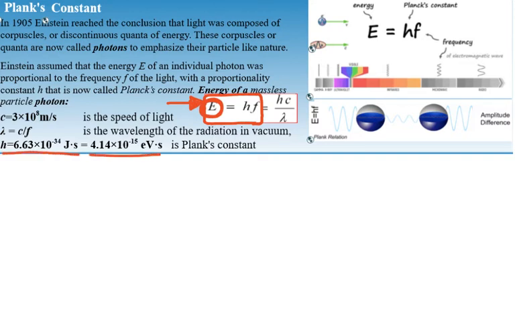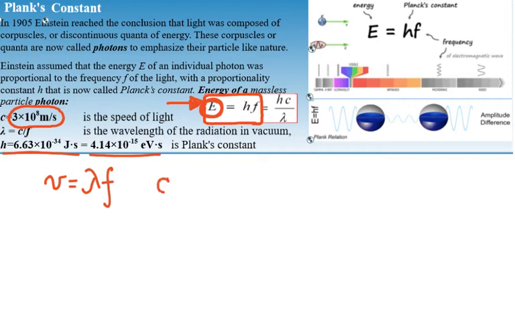And then we also know from waves that the velocity of the wave is equal to lambda, the wavelength, times the frequency. And when we talk about photons, they don't have mass, so they are just energy. They travel with the speed of light, which is 3 × 10^8 meters per second.